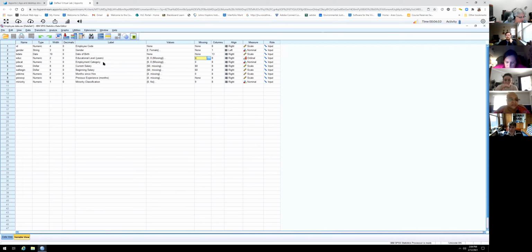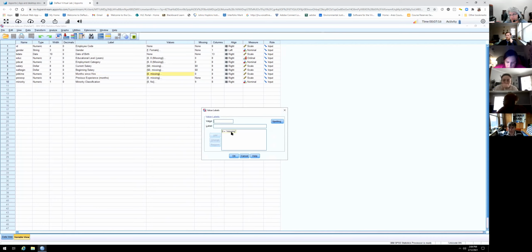All right, the next hypothesis I want to look at is the months since hire, how long you've been on the job, because that has an impact on your current salary as well. When you look here, months since hire is right there. And we know the number of months is indeed interval. You can see that 0 is the only one, because you didn't need coding.